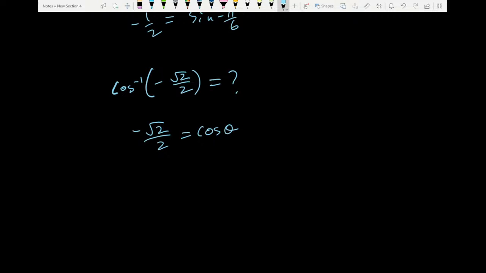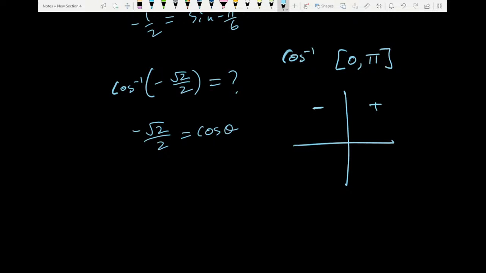So in this case, cosine inverse lives from 0 to pi. So it lives in the first quadrant and the second quadrant. Right now it's negative, therefore the angle is going to be in the second quadrant. So let's figure out the reference angle in this case. So cosine of what gives you root 2 over 2?